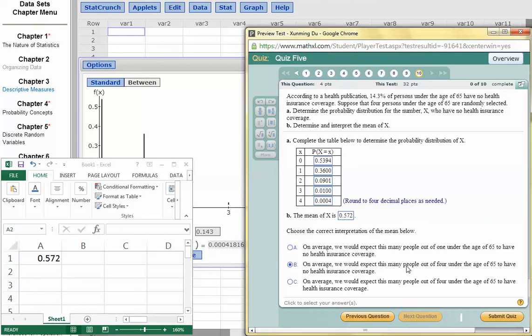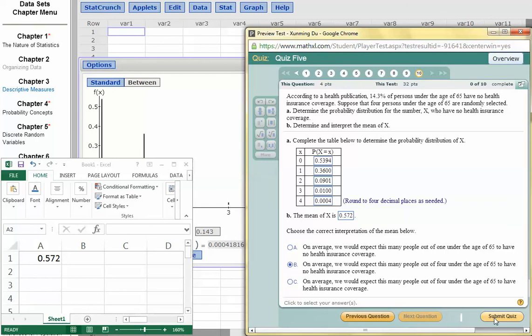So it should be out of 4. It looks like out of 4 people, about 0.5 or maybe 0.6 people have no health insurance coverage.